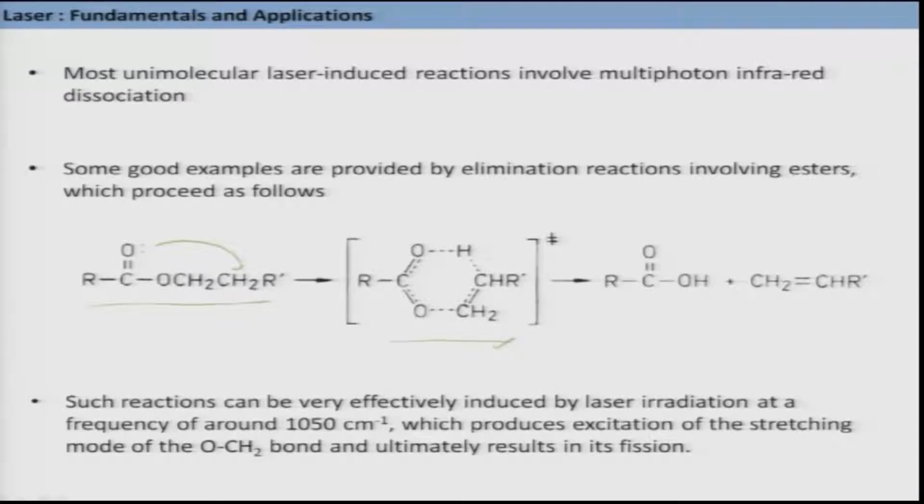And in the next step, this hydrogen is abstracted by this OH, then this bond is broken, right, and this bond is also broken, and this becomes C double bond O, and this is what we get, an acid, and we get an alkene. So, this is an elimination reaction, and this is an example of a unimolecular reaction induced by laser.